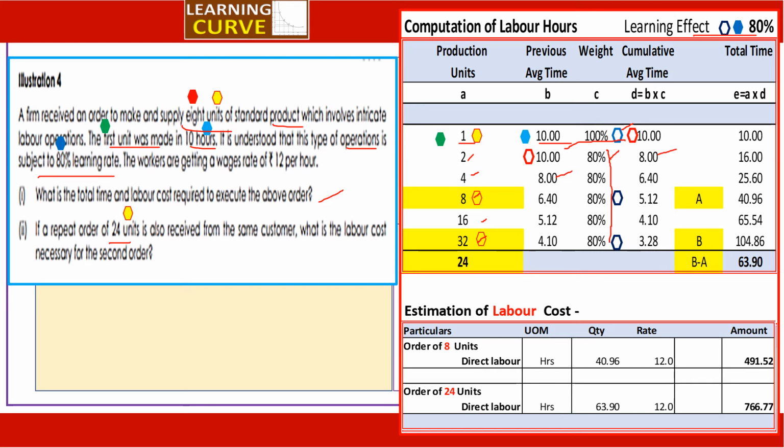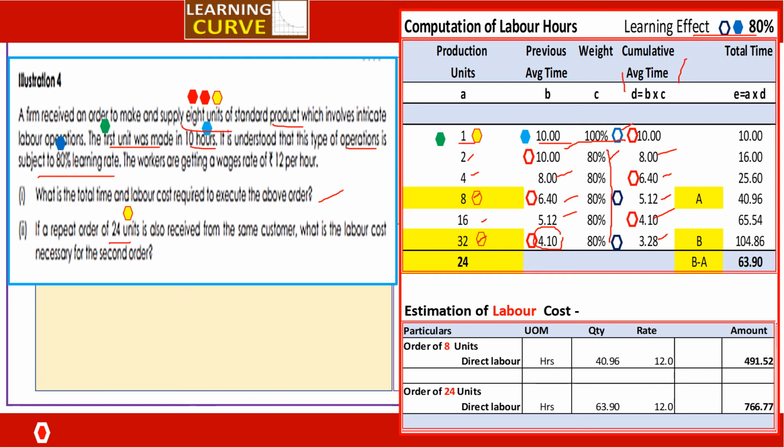Then 8 into 80%, 6.4, 6.4 into 80%, 5.12, 5.12 into 0.8, 4.1, and 4.1 into 80% is 3.28. We have got the cumulative average time. Once we get the cumulative average time, we are at it now.